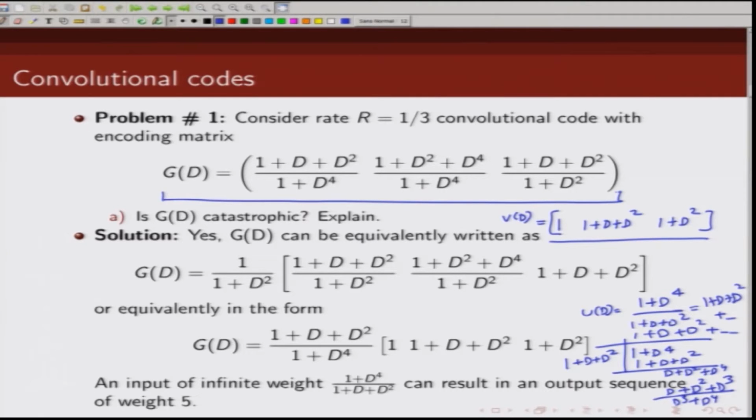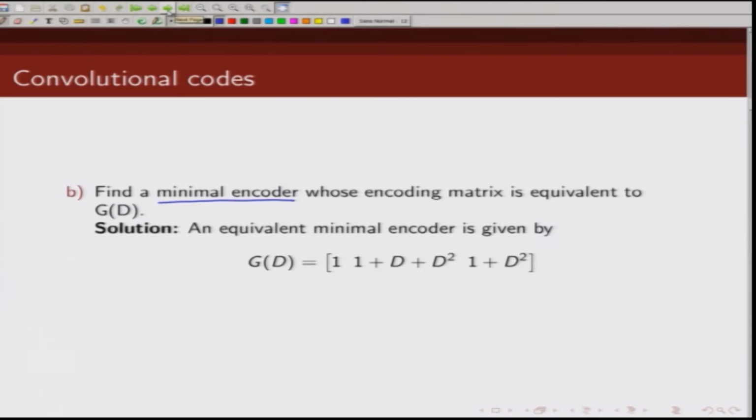Then what we get is our minimal encoding matrix. If I ask you to draw this encoder, k is 1, n is 3, and the maximum memory is 2. So, I am drawing 2 memory elements here.